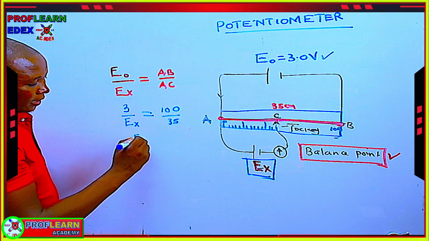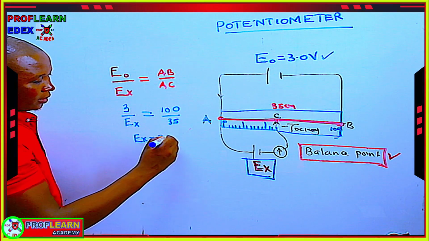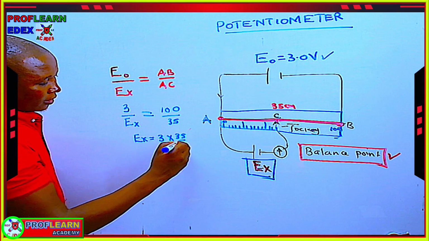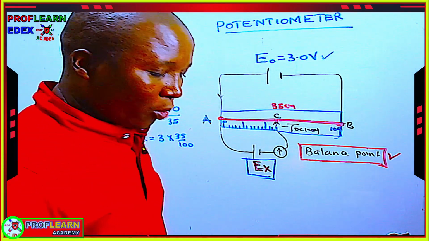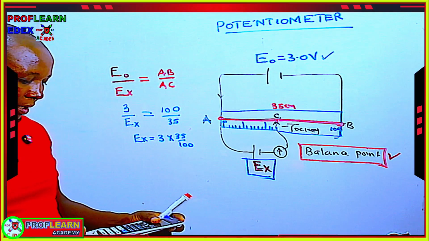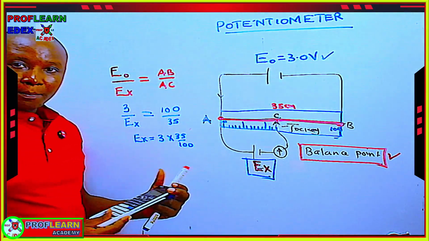So our EX is going to translate to 3 times 35 divided by 100. In that way, we can get the PD using the potentiometer.